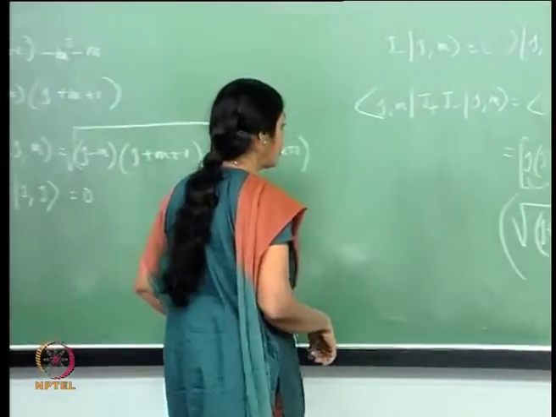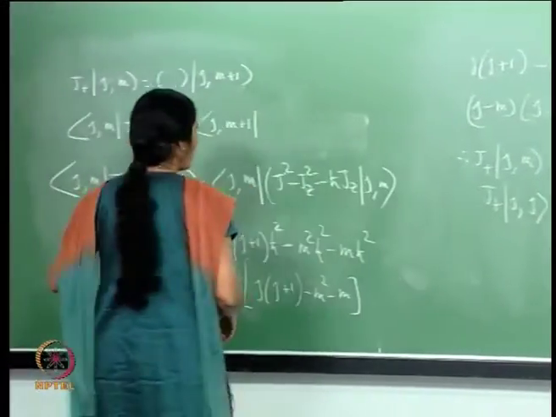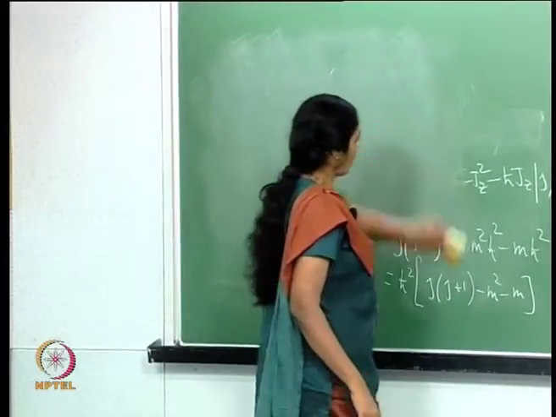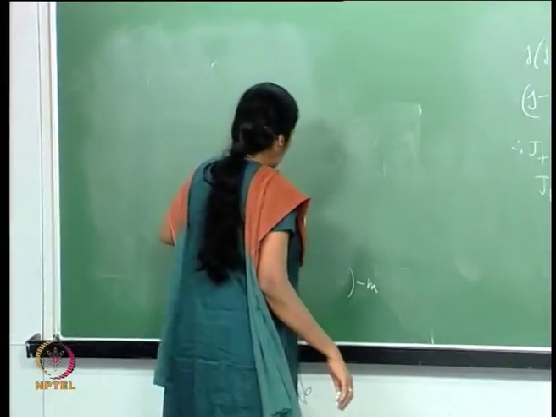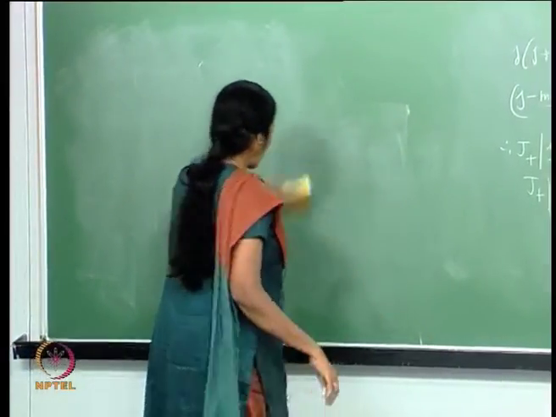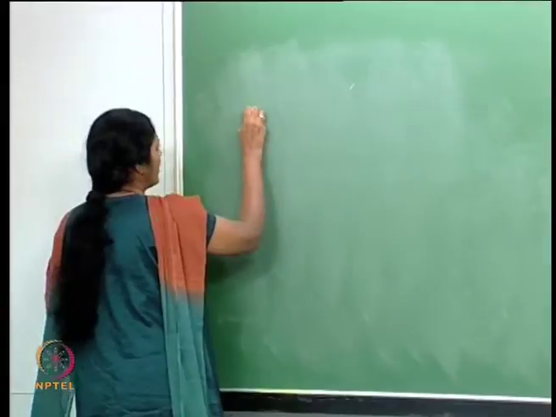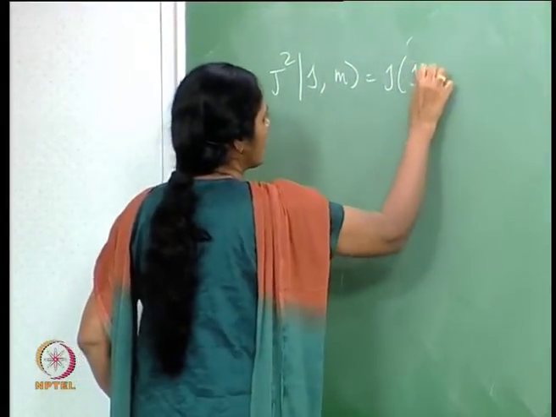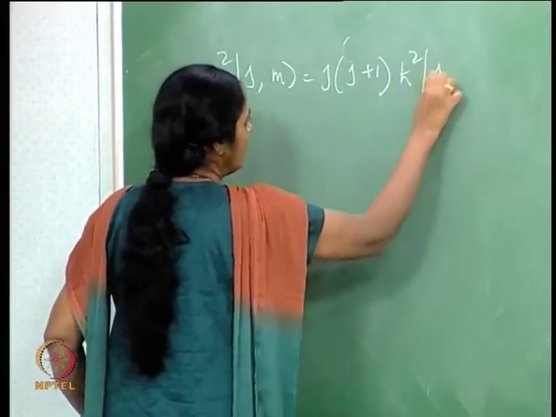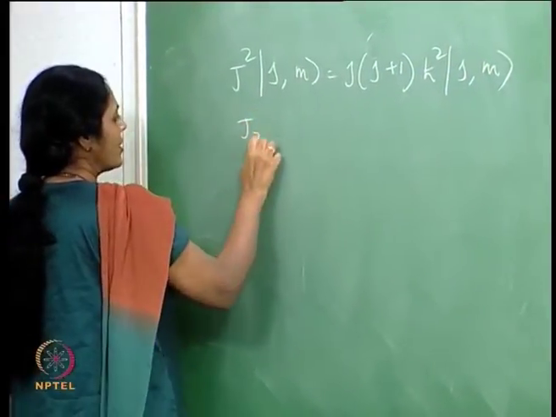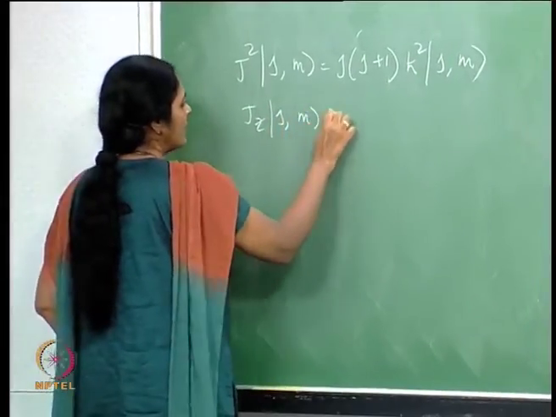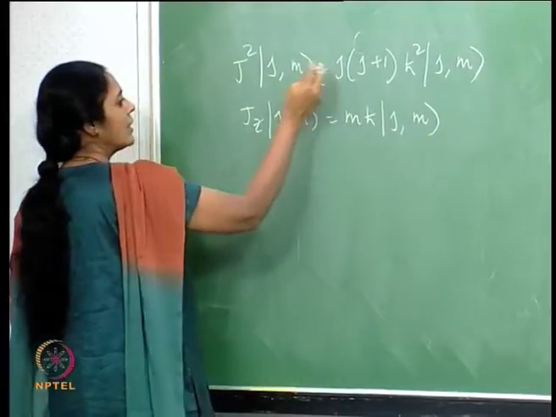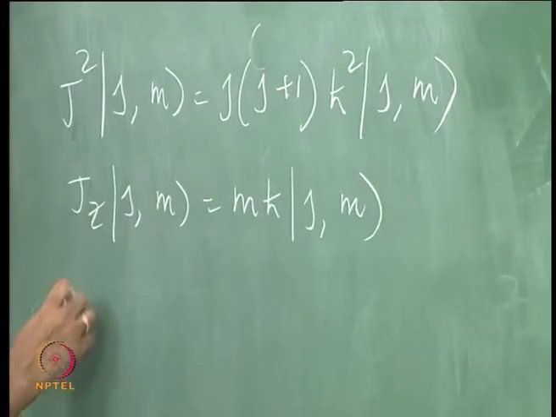To summarize, therefore, I have gotten for you the angular momentum algebra and the manner in which the operators act on the states. I have J² acting on |j,m⟩ is j(j+1)ħ² |j,m⟩. Jz acting on the state |j,m⟩ is mħ |j,m⟩, m taking 2j+1 values ranging from −j to +j in steps of 1.